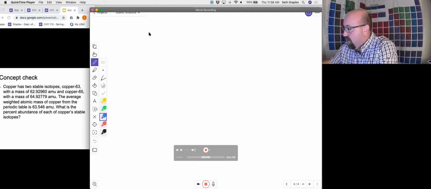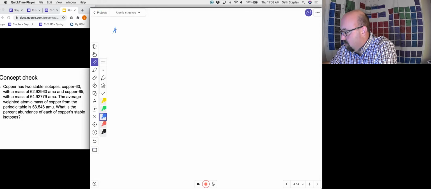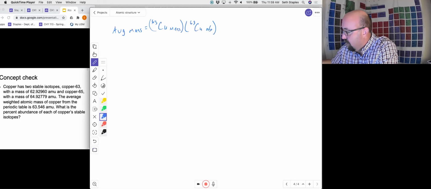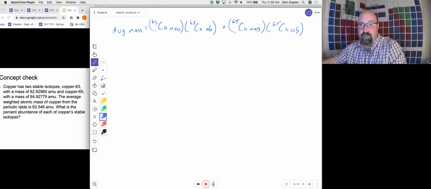And so if we remember what our calculation looks like, our average mass is going to equal our mass of copper 63 times our abundance of copper 63 plus our mass of copper 65 times our abundance of copper 65.